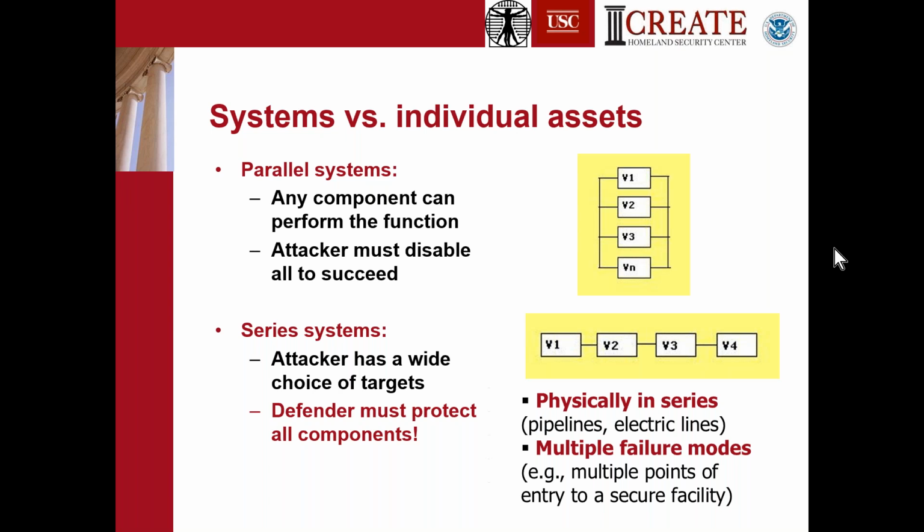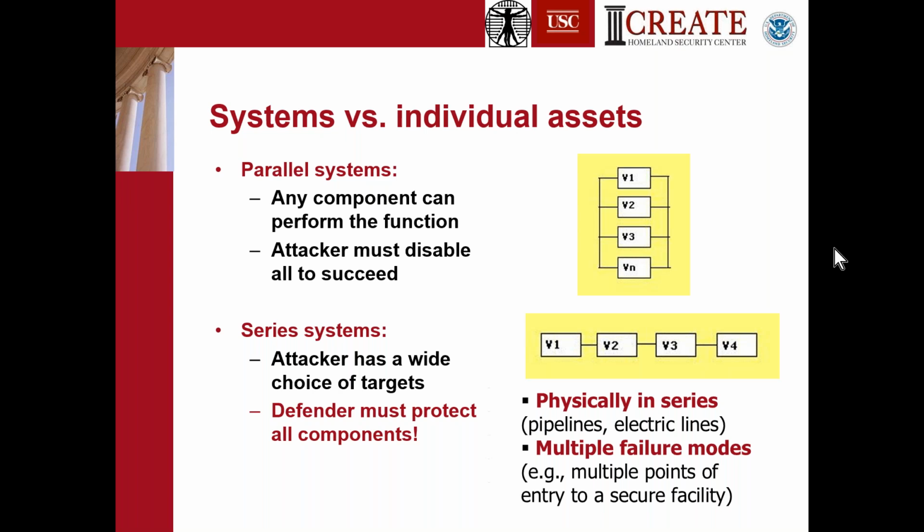By contrast, in the bottom picture, again, if you think about getting water or electricity or something through from the left to the right, in the bottom picture of a series system, the attacker has a wide choice of targets. The attacker can disable any one component of the system and prevent its function. And the defender has to protect all of the components, even if some of them are difficult or costly to protect.